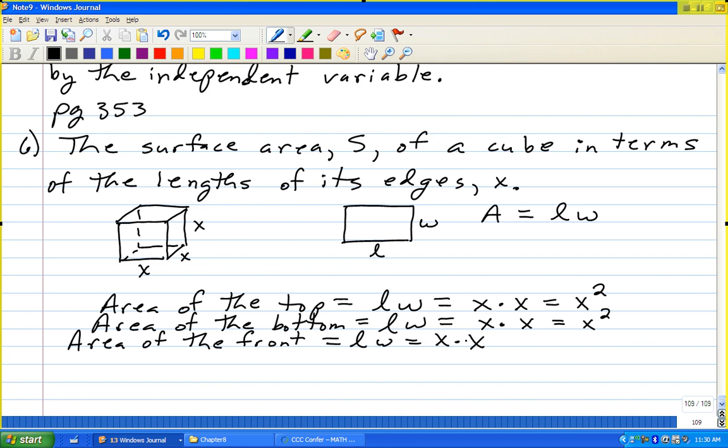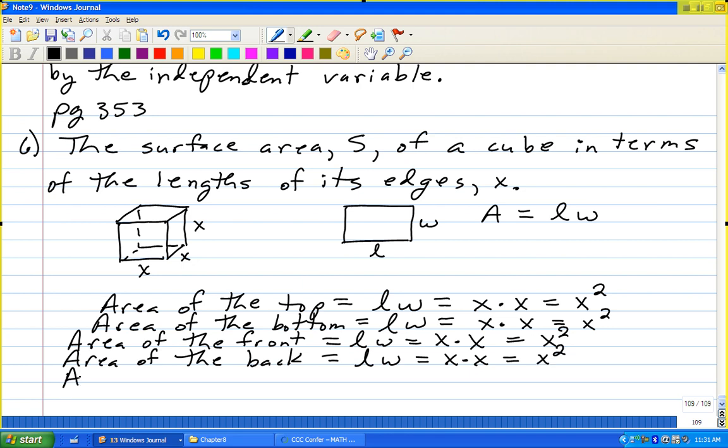Again, just x times x, x squared. The area of the back, again, the back here is just a rectangle, so it's x times x, it's a square, x squared.